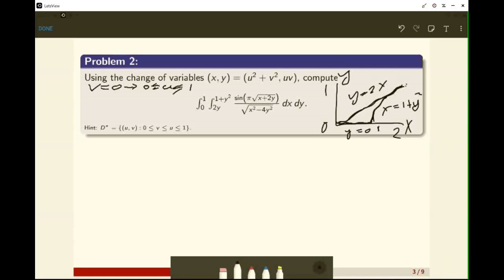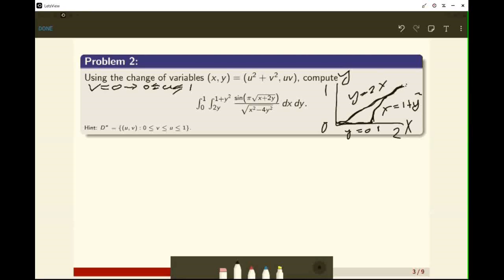But if we look at the point where it starts, it corresponds to u equals 1, and the x coordinate at the beginning is 1 plus v squared evaluated where it is.